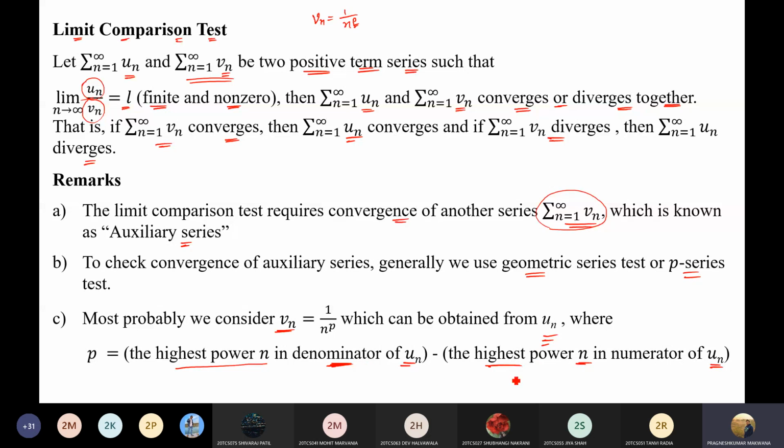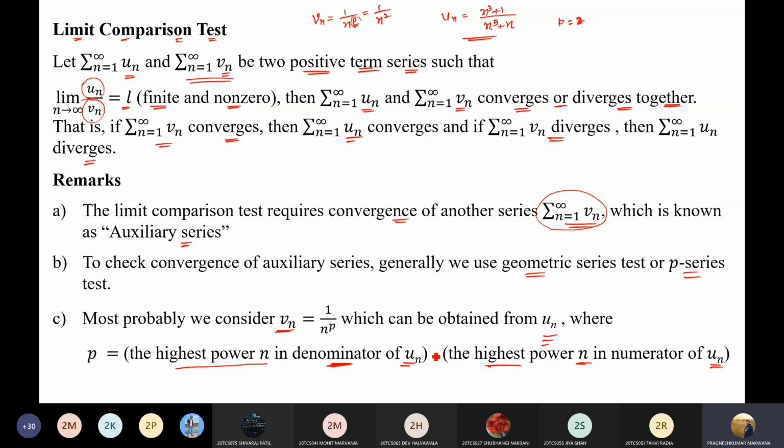So denominator minus numerator. Let us see one simple example. If Un is given as n cube plus 1 upon n raised to 5 plus n, that is our Un. Now we choose Vn. First we find P. So what is P for this one? Vn is 1 upon n square, so the value of P is 2.